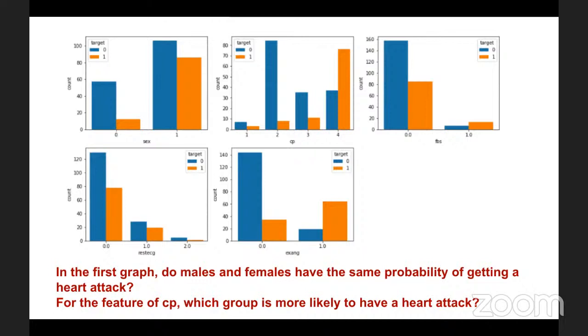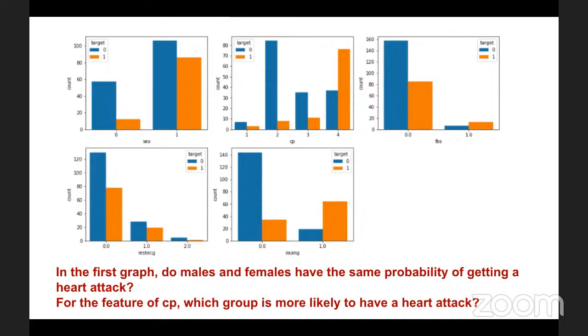So giving another example, this one, do you think that each group has a different probability of getting a heart attack? Which group has more probability to get a heart attack? The one on the right. Yeah, more people had a heart attack in this right group. So this variable, I would assume it's significant. Significant effect on probability. Okay.